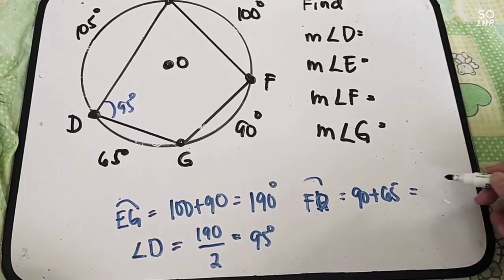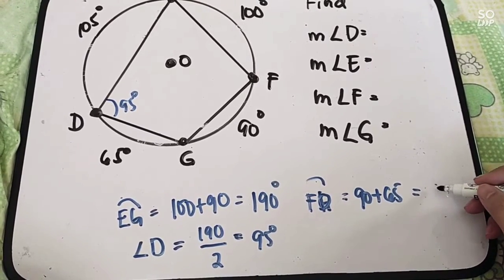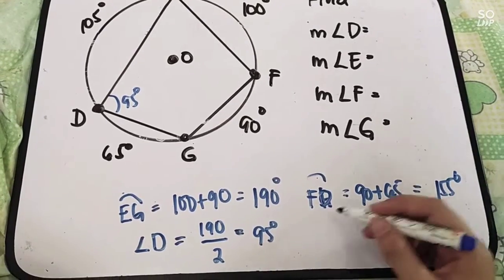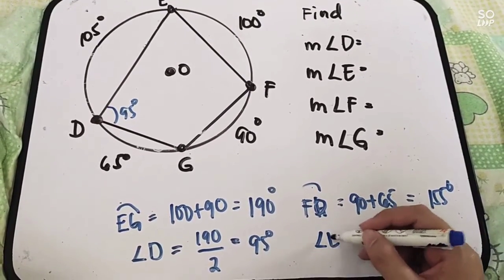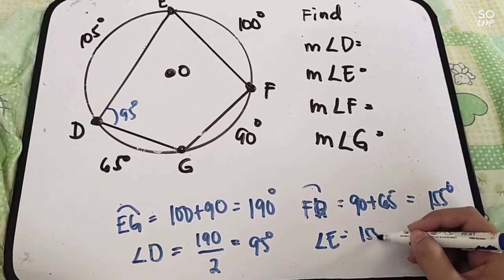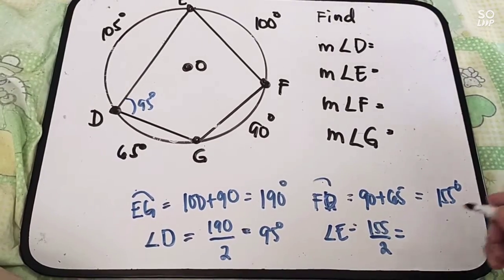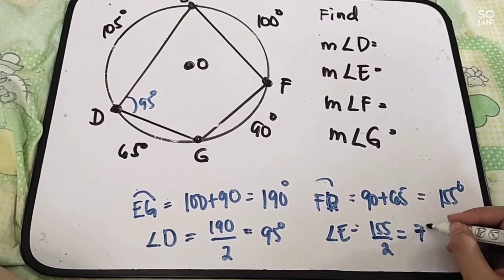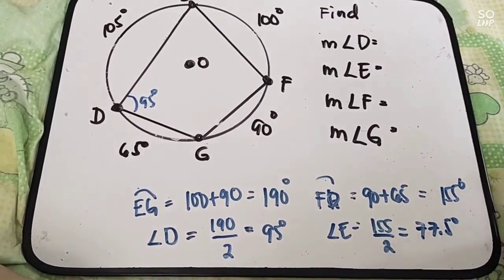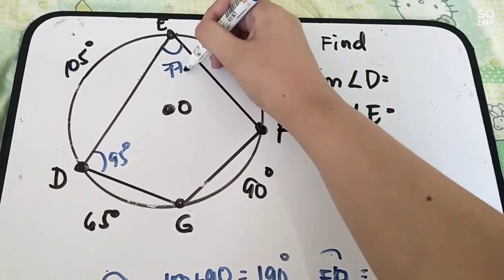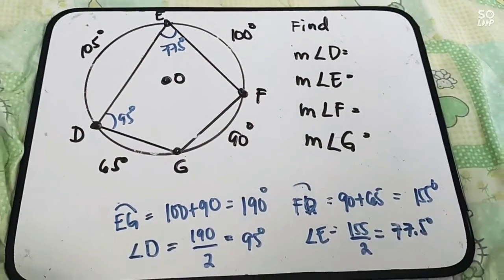So, 90 plus 65, the answer is 155 degrees. Then, for us to find angle E, so 155 divide mo by 2. We have 77.5 degrees. So, ito yung angle, 77.5 degrees.